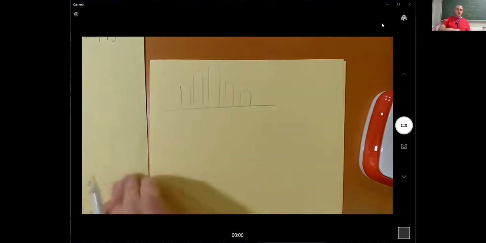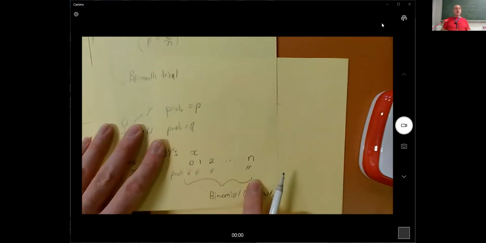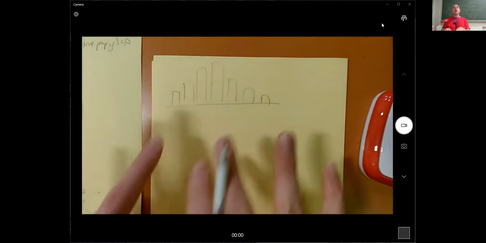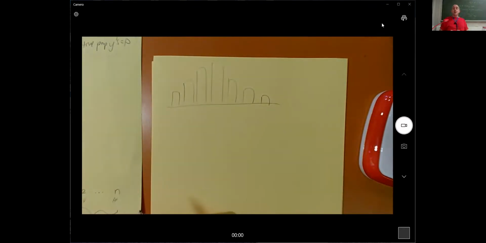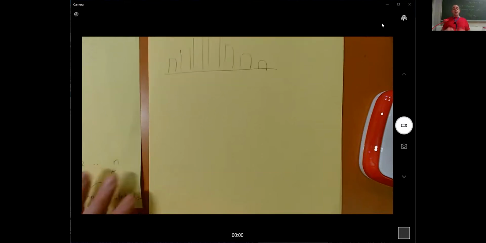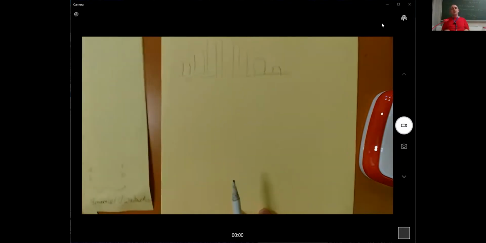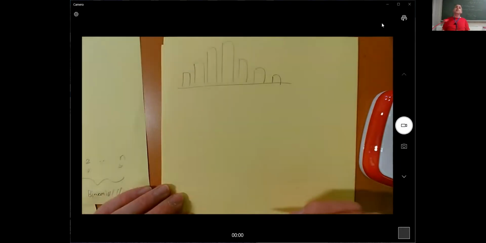So if you turn these numbers into a graph, it tends to look like this, which looks approximately like a normal distribution. If you've got enough individuals, it's close enough to a normal distribution to pretend that it is.